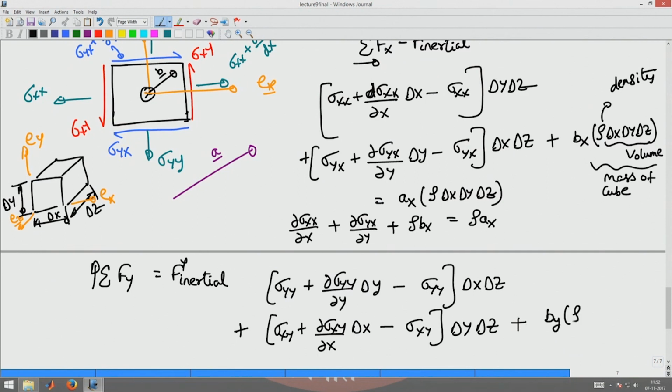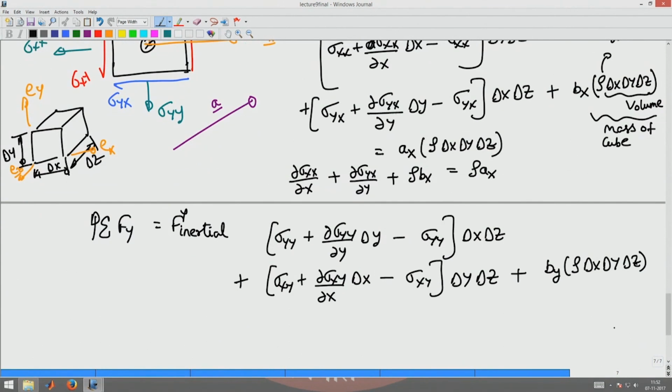Plus the component of the body force along the y direction, which will be body force into delta y delta x delta z, since body force is defined per unit mass and this is the mass of the body, which gives me the net body force acting on this cube. This should be equal to the y component of the acceleration times its mass, which is rho times again delta x delta y delta z, right.